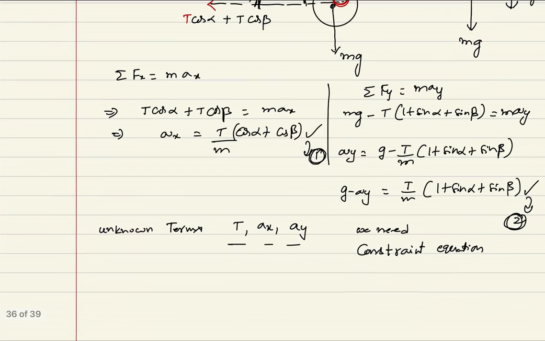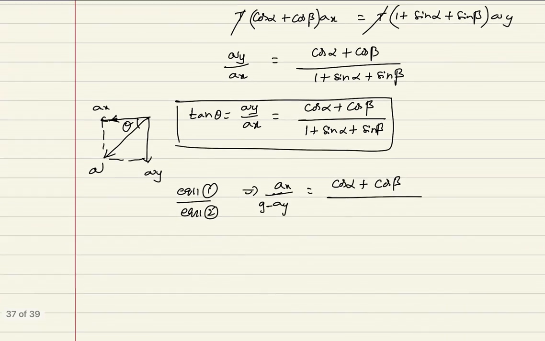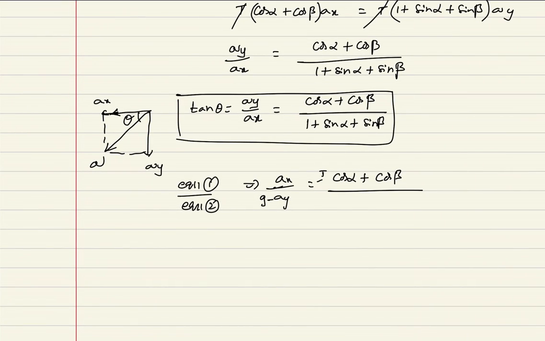Equation 2, if you observe, I have taken this as g minus ay. Now you will get the T by m, and here also I will get the T by m, and here also I will get the T by m, 1 plus sin alpha plus sin beta.